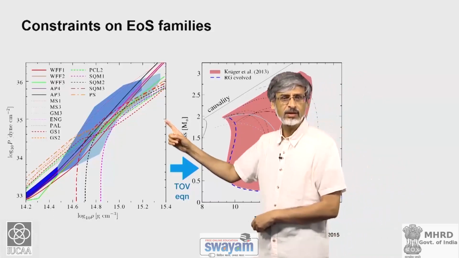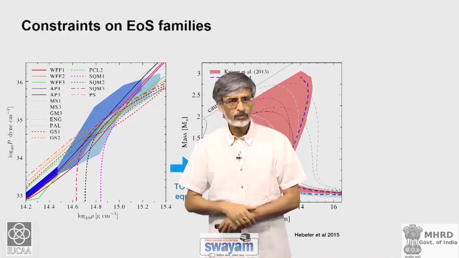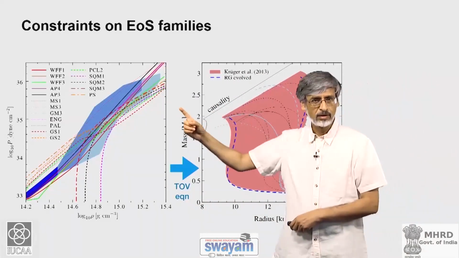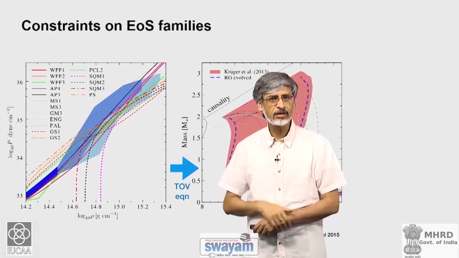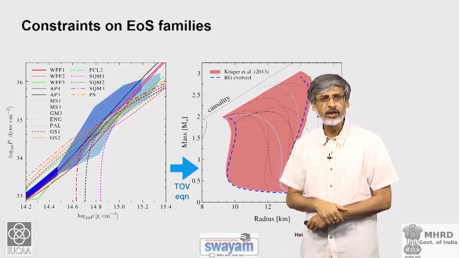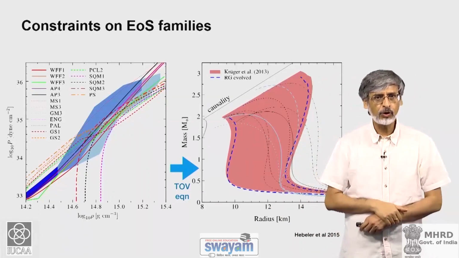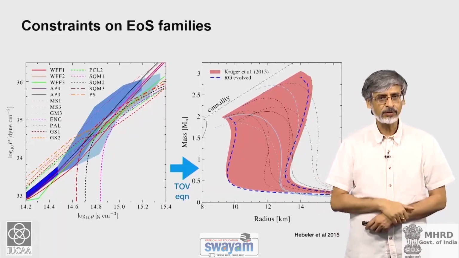So, once this region is identified, only those equations of state which have their pressure density relation lying within these shaded regions should be taken as representative of possible nuclear matter and possible matter inside neutron stars.